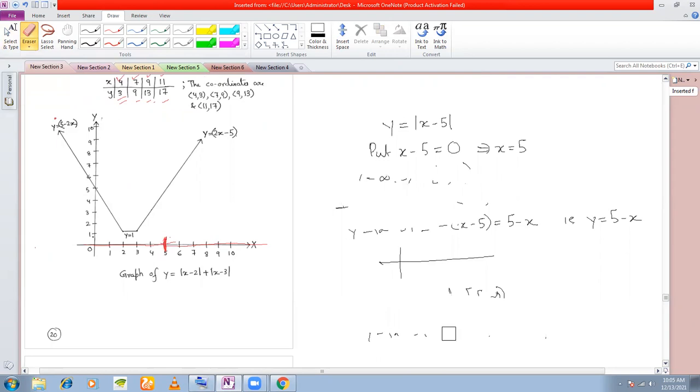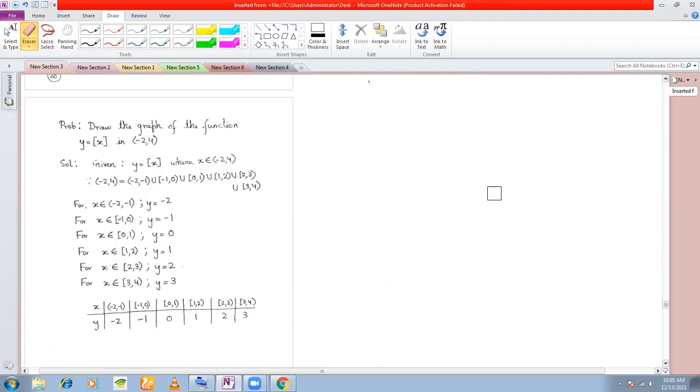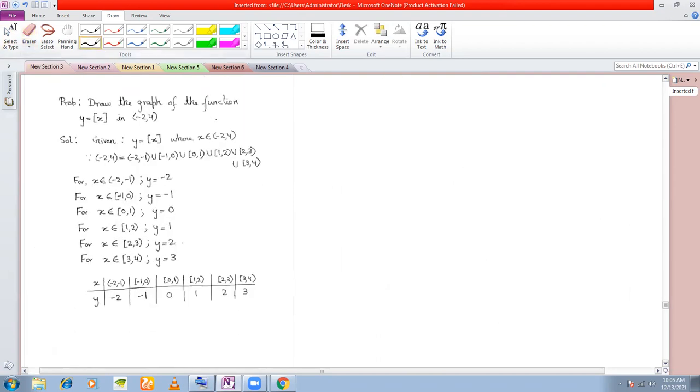So we now move on to the next graph. The next graph that I have drawn here is for the greatest integer function, y is equal to the greatest integer function, only in the open interval minus 2 to 4. Now see, I have divided the interval minus 2 to 4 into other intervals.